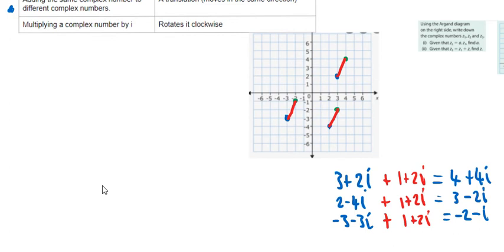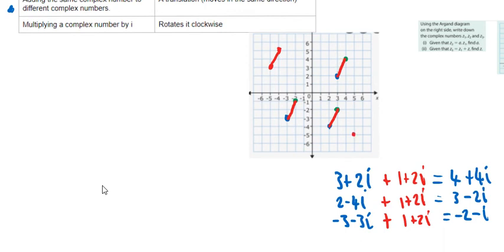It might seem kind of obvious if you think about it enough. But if I took another complex number, I know that if I add 1 plus 2i it's just going to move it up like that, because you can see here it's moving up 2 boxes and across 1 box to the right. It doesn't matter what point you have on the graph.